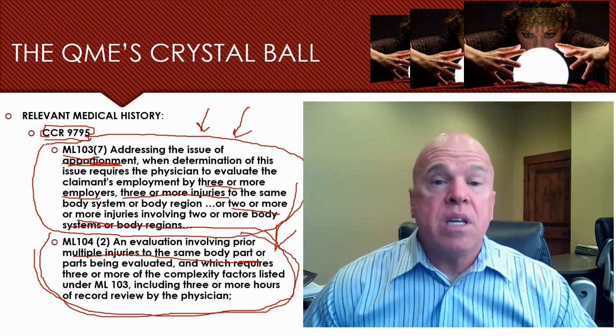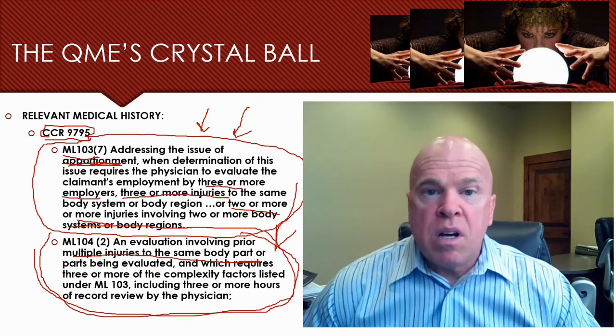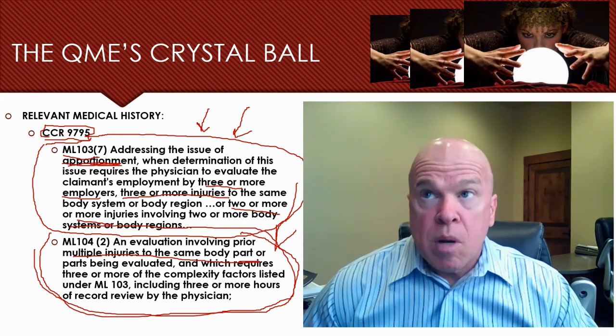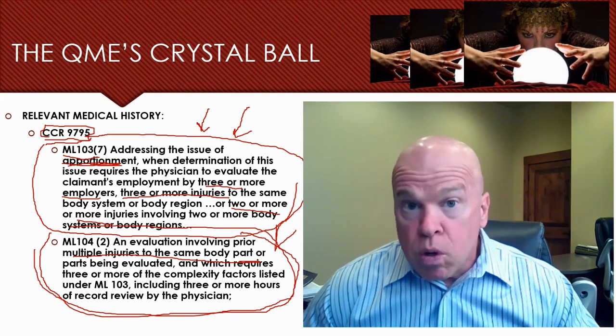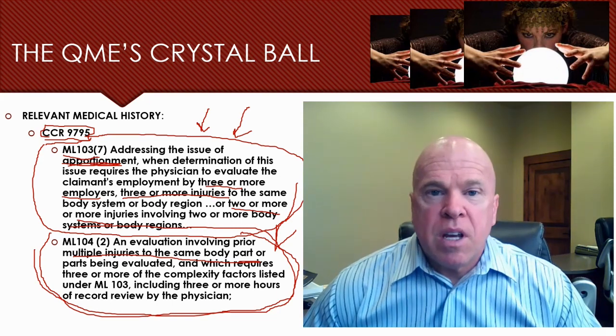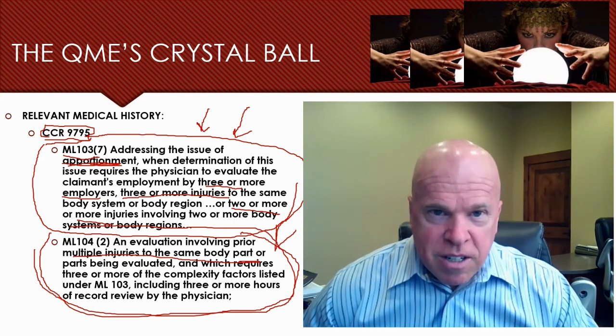Okay, so the QME is tremendously incentivized. And let's see now what the law has to say about some of the lines of questioning that we should pursue in order to arrive at accurate opinions and conclusions regarding the apportionment determination.